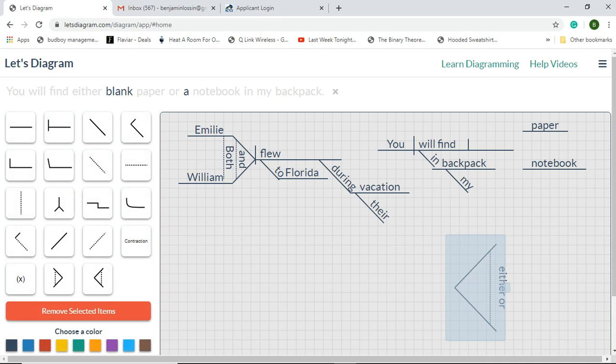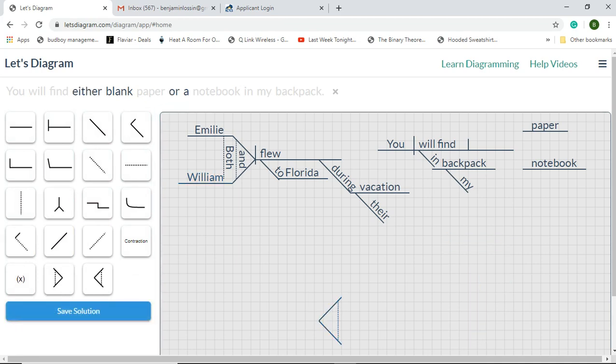Nope. It's a little frustrating. It's so much easier if I was doing this on a whiteboard.